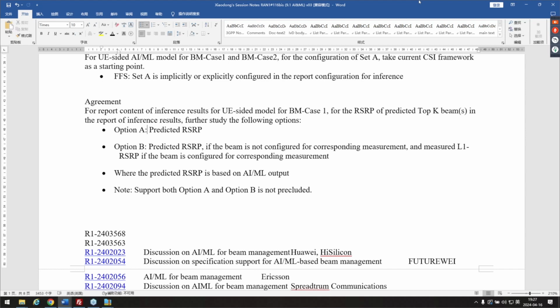Okay, thanks. Okay, last comment, Futurewei. Thank you, Mr. Chair. I think this proposal is only applied to AI/ML model with the predicted RSRP as the output. So can we add some text for the RSRP, like for AI/ML model with the predicted RSRP as the output?